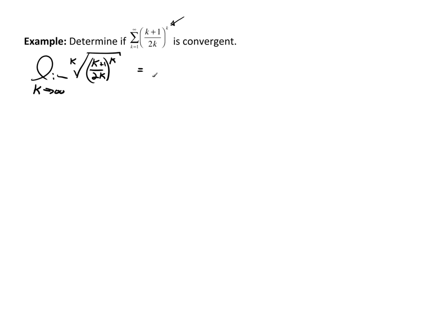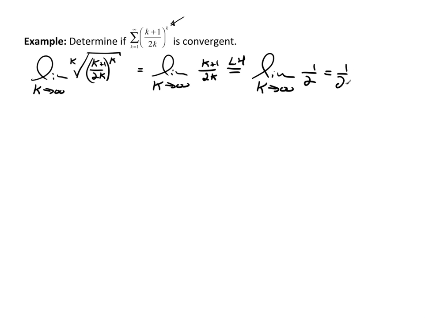That's the limit as k goes to infinity of (k plus 1) over 2k, because taking the kth root of something raised to the k makes the radical go away. Now, this goes to infinity over infinity, so based on L'Hopital's rule, this is the same as the limit as k goes to infinity of 1 over 2, which equals 1/2.